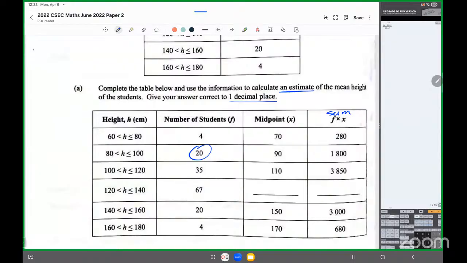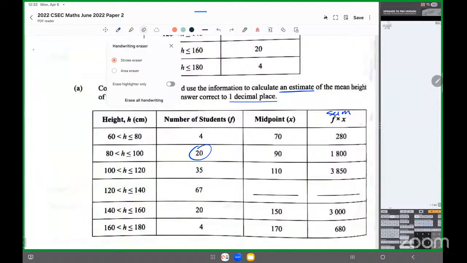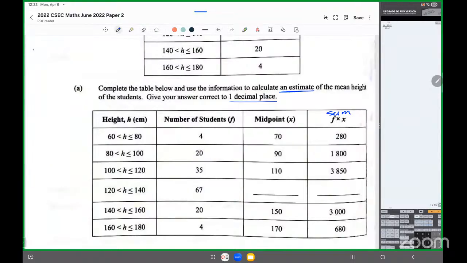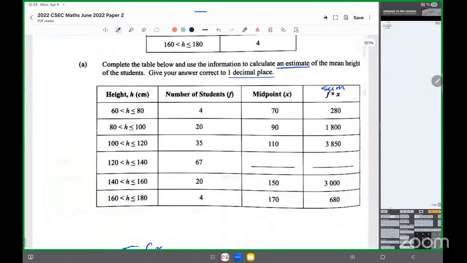So that's a quick way of roughly estimating the height of all the students, doing it group by group. The midpoint value here is going to be 130. No calculation needed, because the lower boundary is going up by 20 and the upper boundary is going up by 20, so the midpoint will also go up by 20. Just add 20.